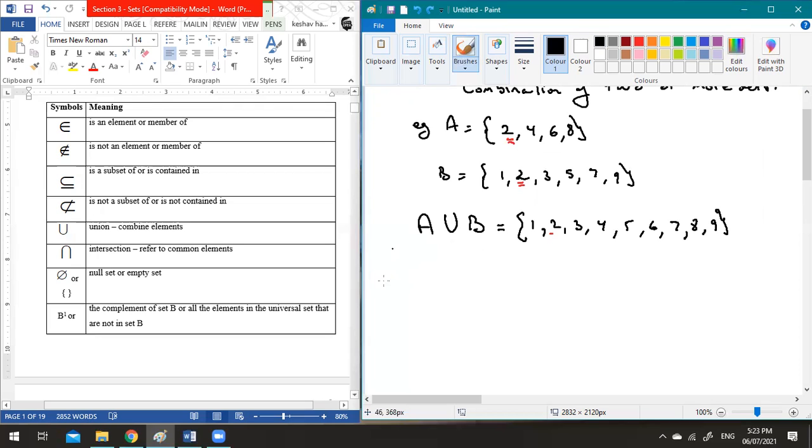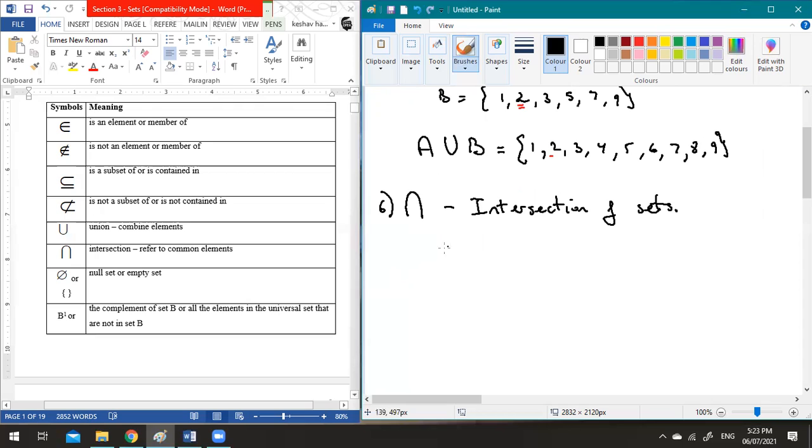Now the sixth one is like an upside down U. This is called the intersection of two sets. Now, what does the intersection represent? The intersection represents the common elements in the sets.